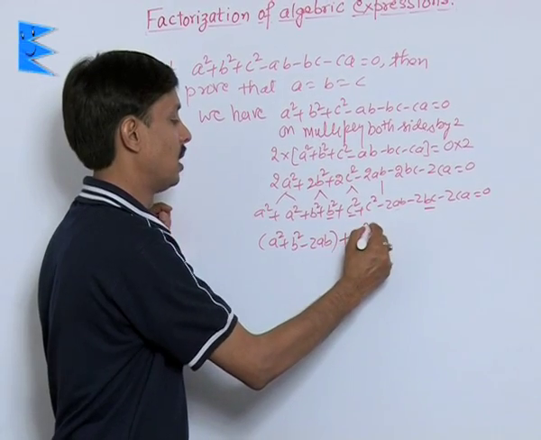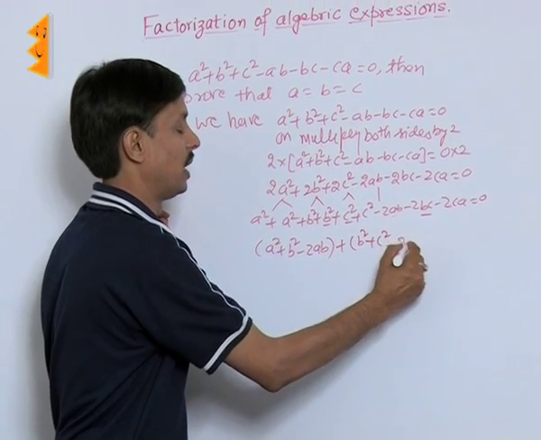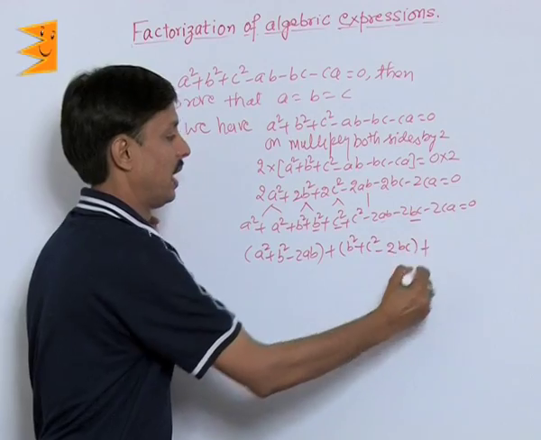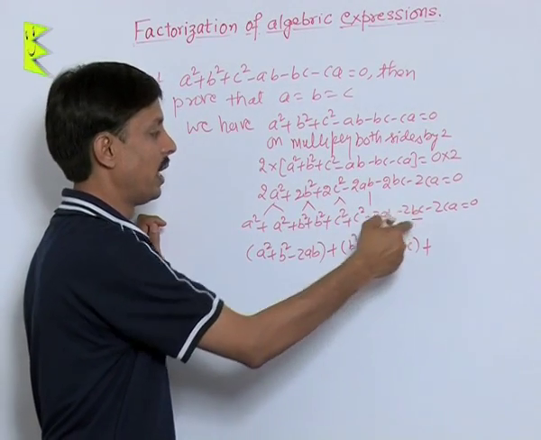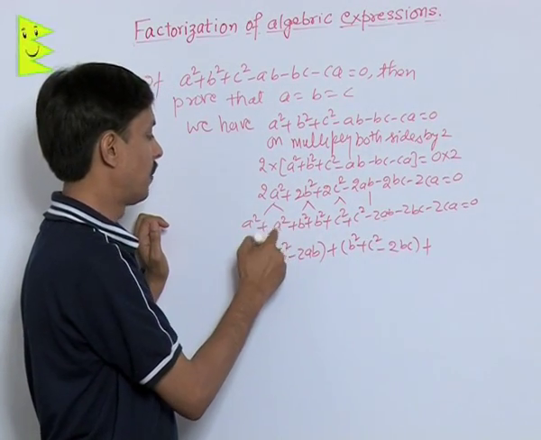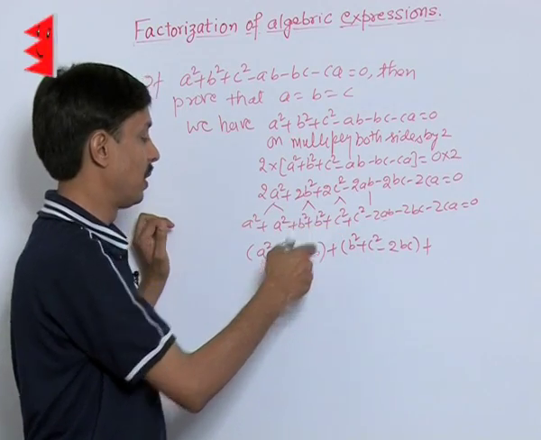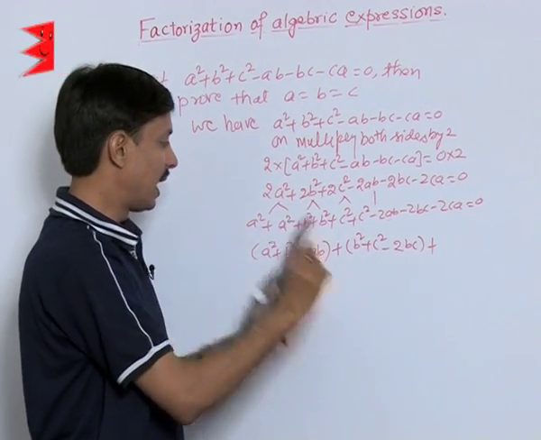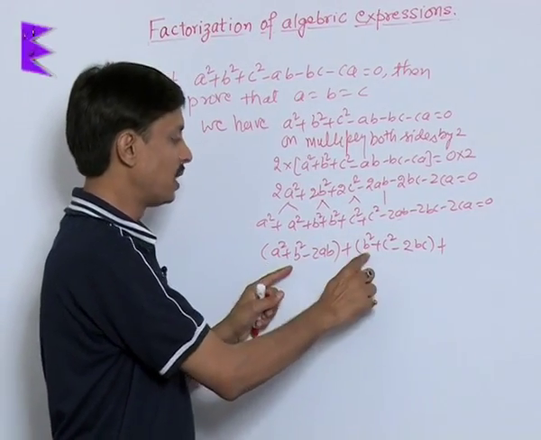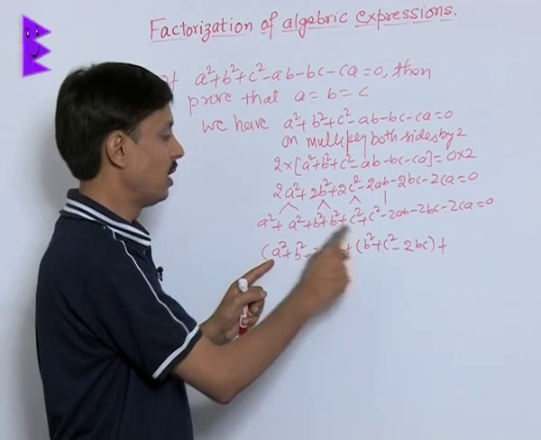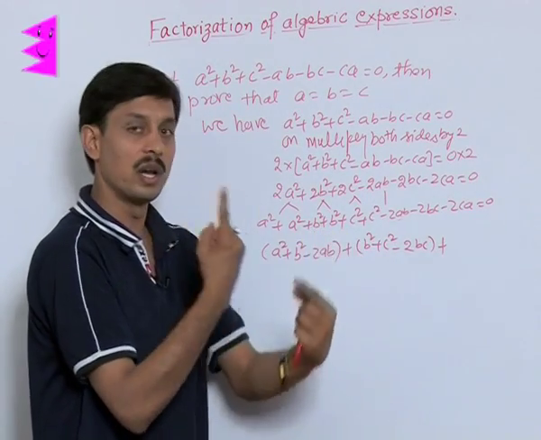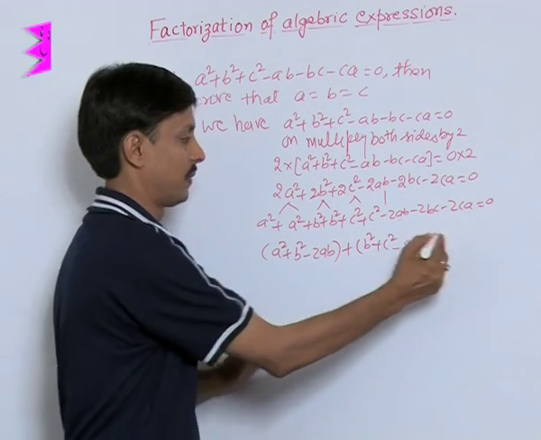Another result is, you can take what is left, a square and c square, because I have used 2b squares, 1a square, 1c square, so only 1a square and 1c square is left.